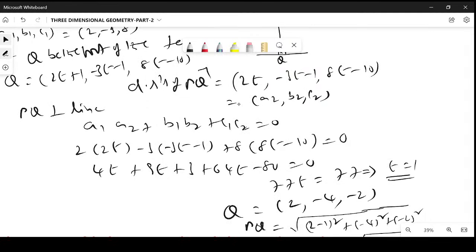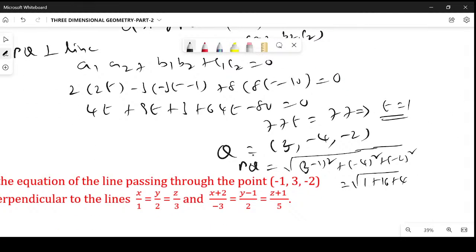I should substitute in this value, 2t plus 1, which will become 3, then 3 minus 1 should be careful. The Q point is that. You will get 3 minus 1, that is 2, then 4 and 2. So the sum is 4 plus 16 plus 4, root 24 it comes. So 2 root 6. The distance is 2 root 6.